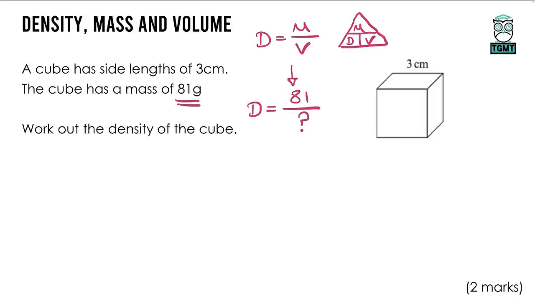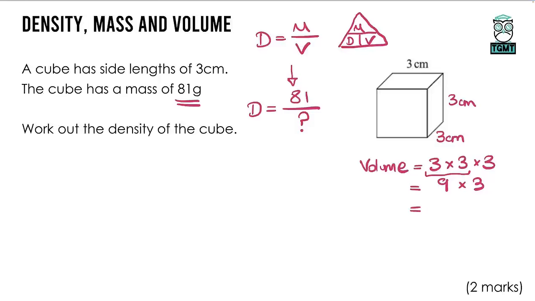So to get the volume of a cube, all we need to do is multiply all of the 3 dimensions together, and in the case of a cube, they are all the same length. So the volume for a cube will be equal to 3 times 3 times another 3. 3 times 3 is 9 times 3, which is equal to 27 centimetres cubed.